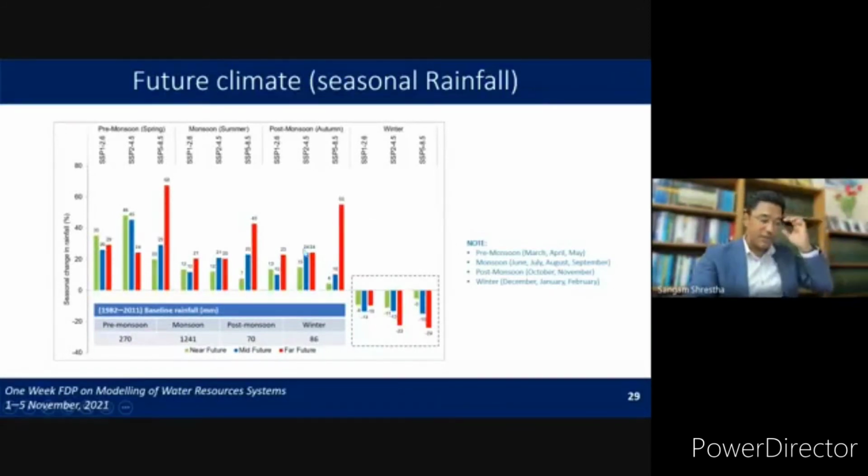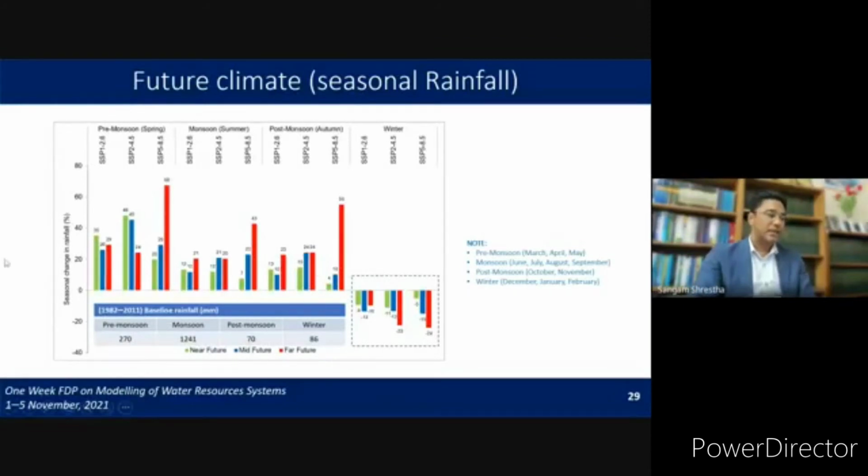But I tried to analyze how the rainfall is going to change on a seasonal basis. Okay? So climate change will impact not only the average rainfall but also the seasonal rainfall, intensity of rainfall, and so on.